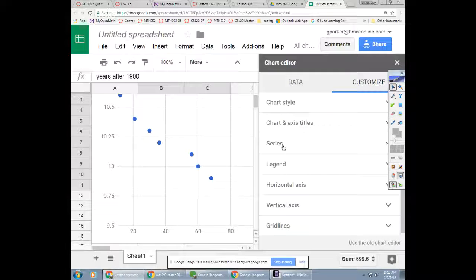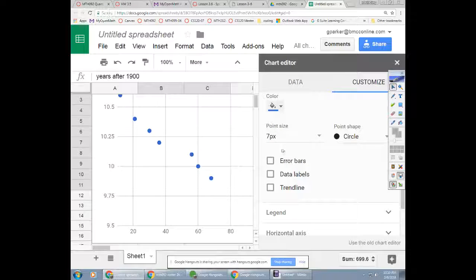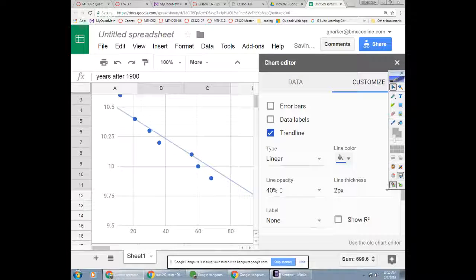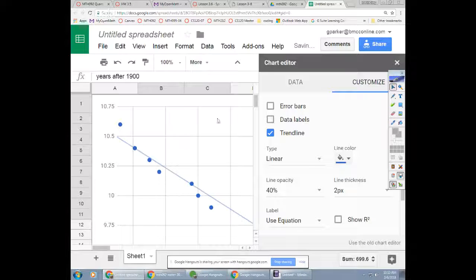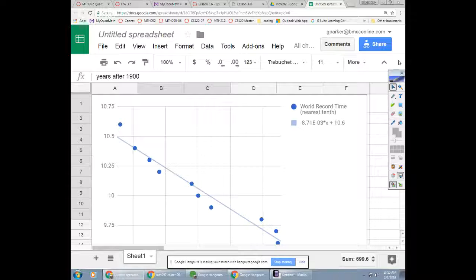So let's see, series, trend line, label, equation. Now at the moment there's no labels. I'll go back and put those in later so we can just get to work. All right, does my slope look like it changed, or does it look like it's the same? Yeah, I don't think it did actually, because all I did is shift the data. I didn't change the angle of it.